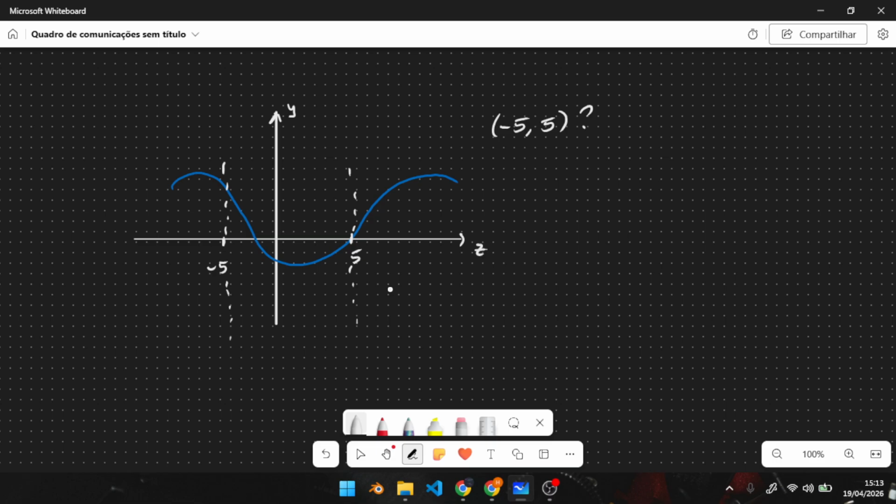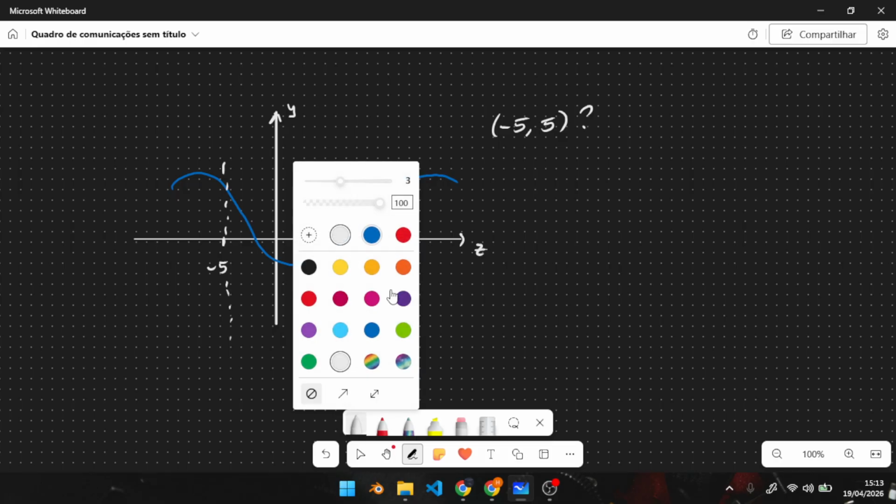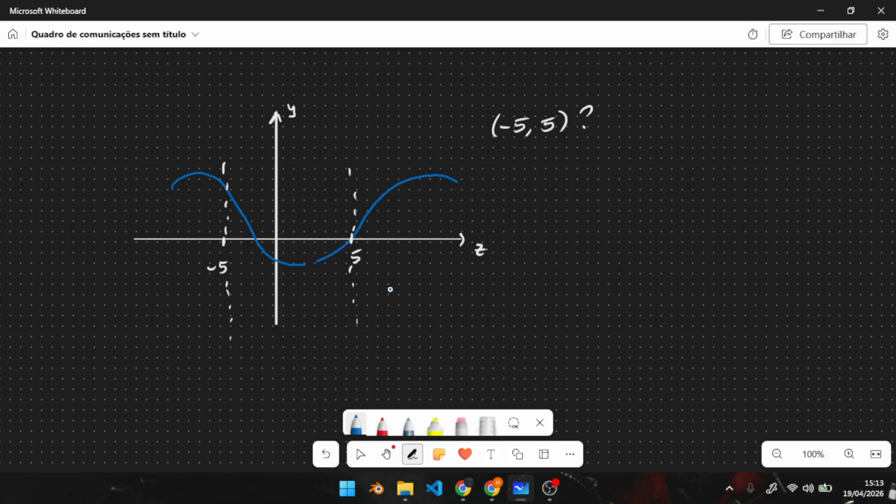That's pretty easy. Okay, now let's put an empty circle here. Now, if I asked, is the function continuous in the same interval, I would say no, because there's a hole in the function.